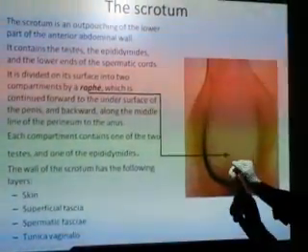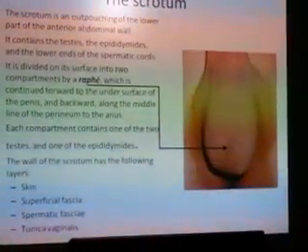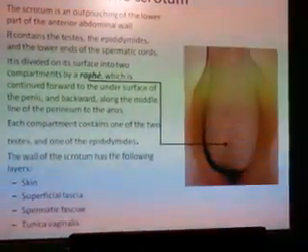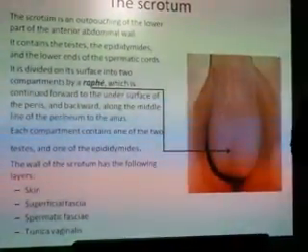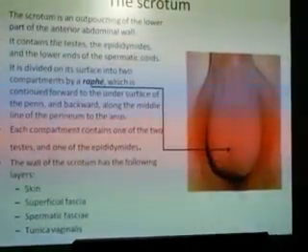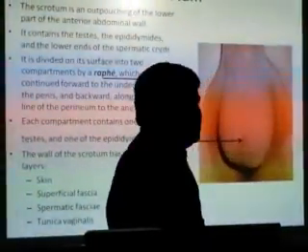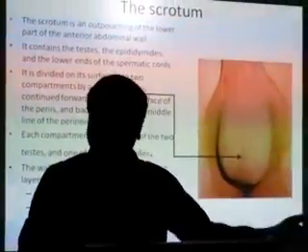That fusion is represented by the raphe, which divides the scrotum into two cavities where the two testes are located. This raphe is continuous on the ventral surface of the penis, anteriorly, and posteriorly with the anus in the perineum. So the scrotum is mainly the labia majora in females.